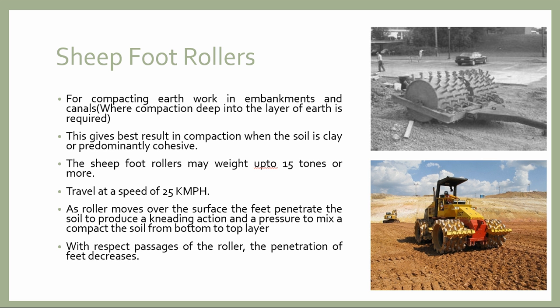Sheep foot rollers may weigh up to 15 tons or more, and they travel at a speed of 25 kilometers per hour. As the roller moves over the surface, the feet penetrate the soil to produce a kneading action and pressure to mix and compact the soil from the bottom to the top layer.